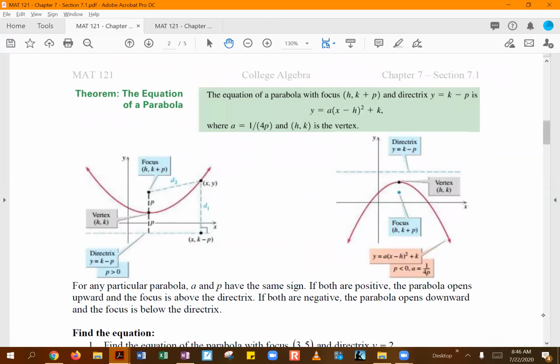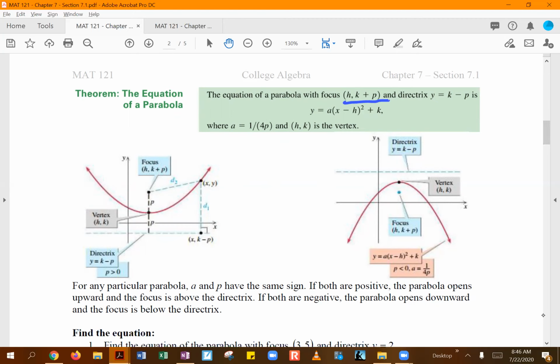Now, just as some formulas to help us with these geometric definitions: for the focus of the parabola, which is, again, that fixed point above the vertex, you can use the ordered pair h for the x value and k plus p for the y value.